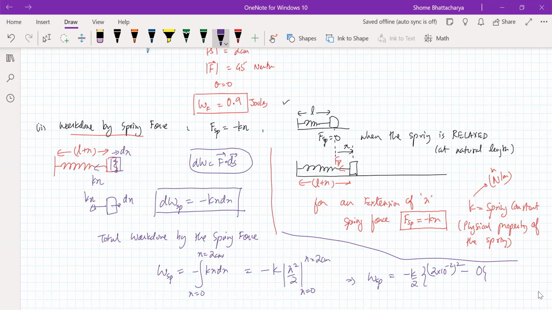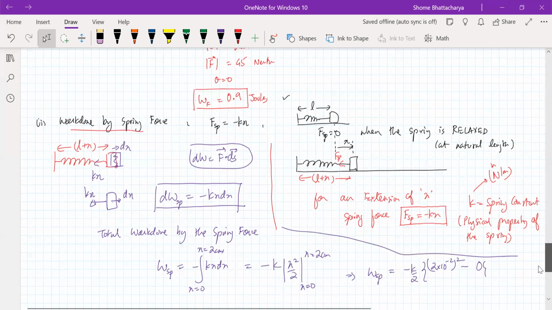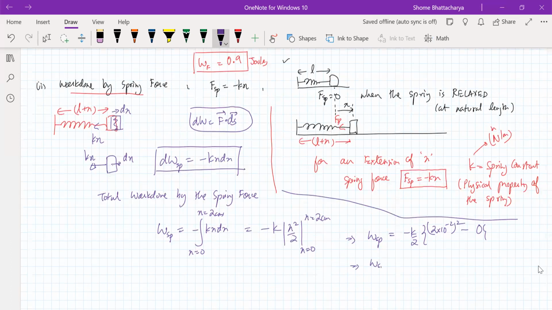So k is in newton per meter, and this x square that we've written is in meter square, so we'll get the work done in joules. k was given to me as 20 newton per centimeter, so we'll convert that. That becomes 20 into 10 raised to the power 2 newtons per meter.